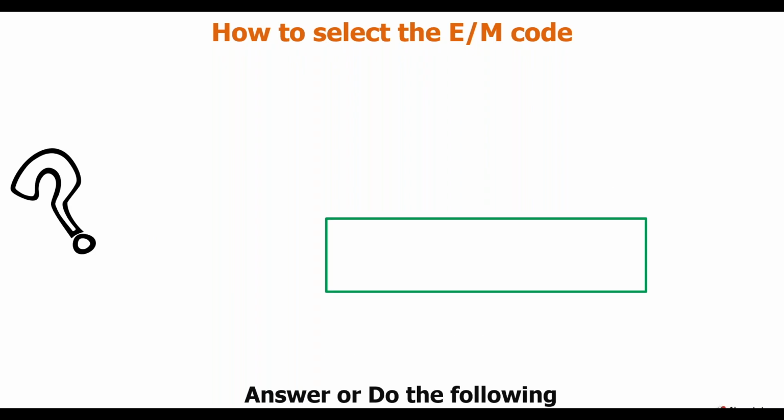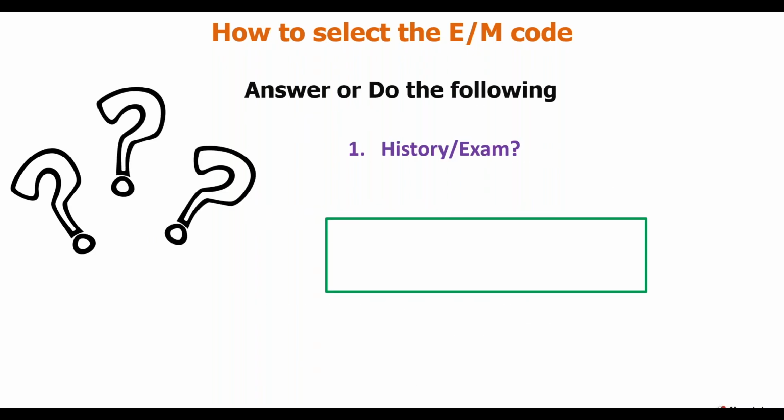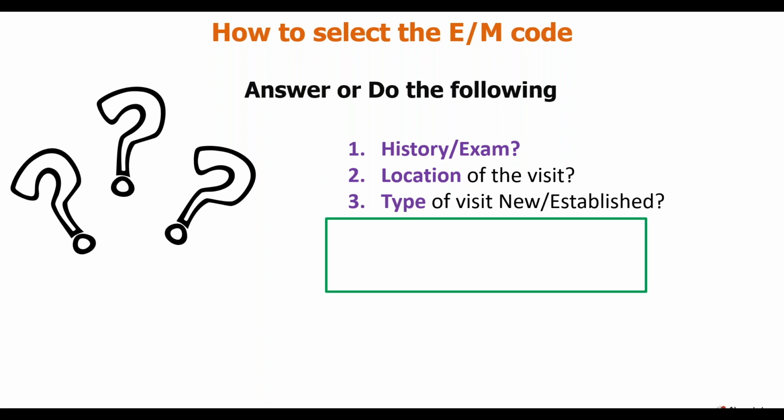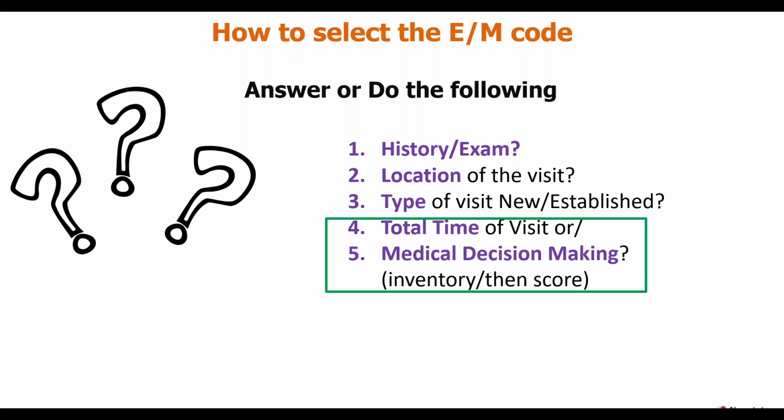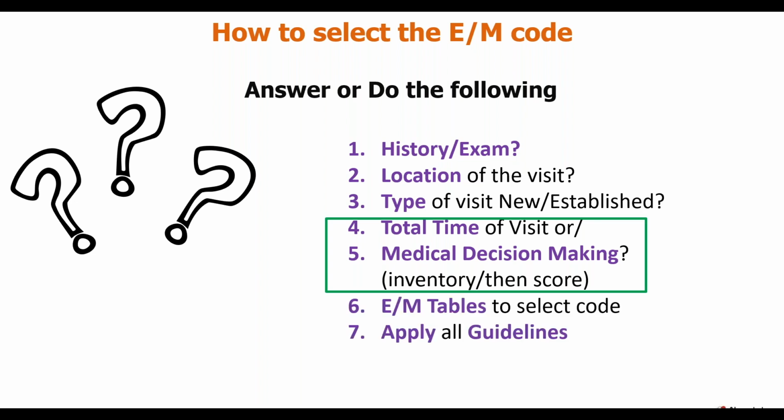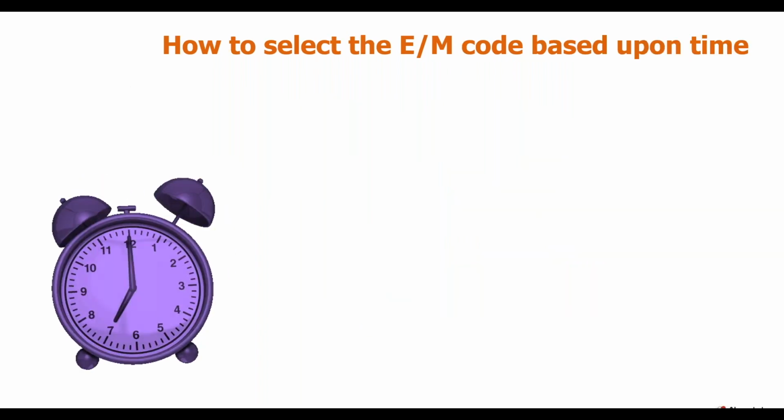How to select the E&M code, answer or do the following: whether there is a medically appropriate history or exam performed, location of the visit, whether it's an inpatient visit, emergency department visit, office consultation, office visits, type of the visit, is it a new patient or an established patient, total time of the visit, medical decision making, E&M tables to select the codes, finally apply all the guidelines.